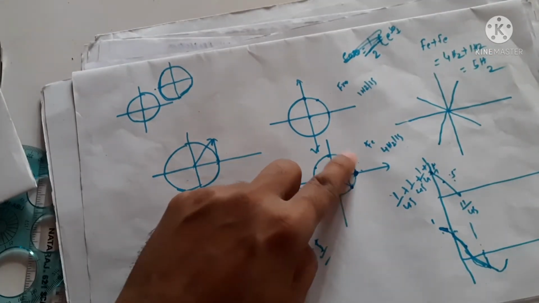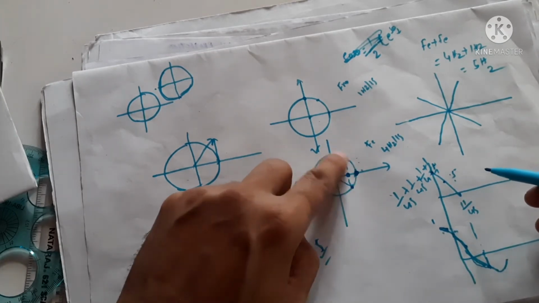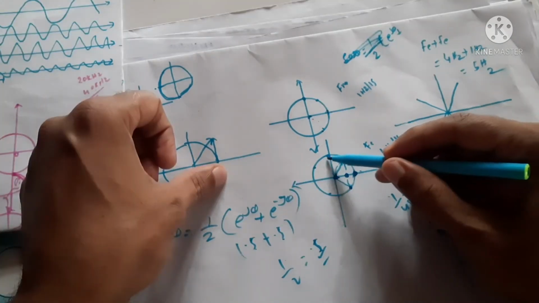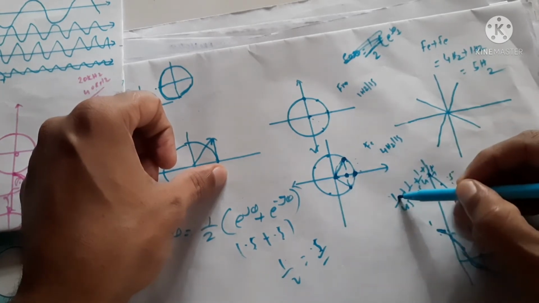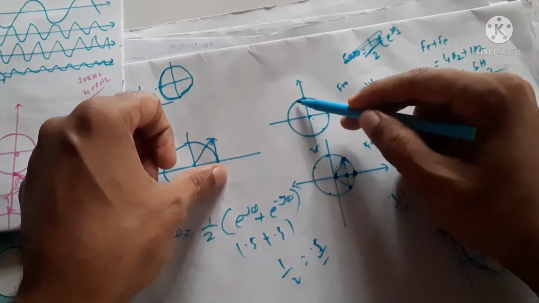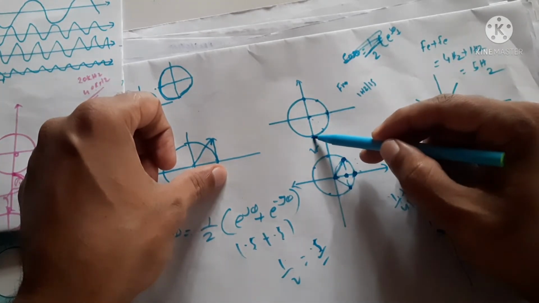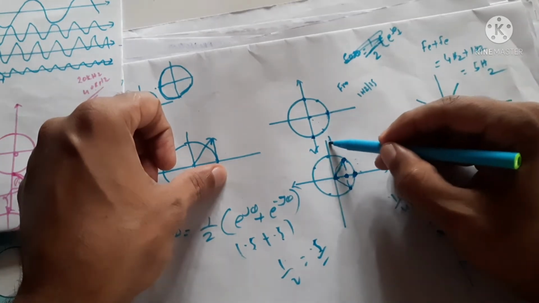So this rotation is called positive frequency, and this is called negative frequency. Earlier, it was rotating one cycle in 1/4 second. When this is rotating in the reverse direction, this will be here. This is the modulating signal value after 1/4 second.